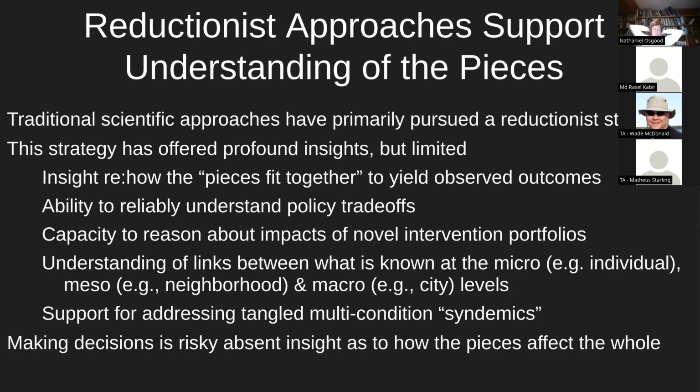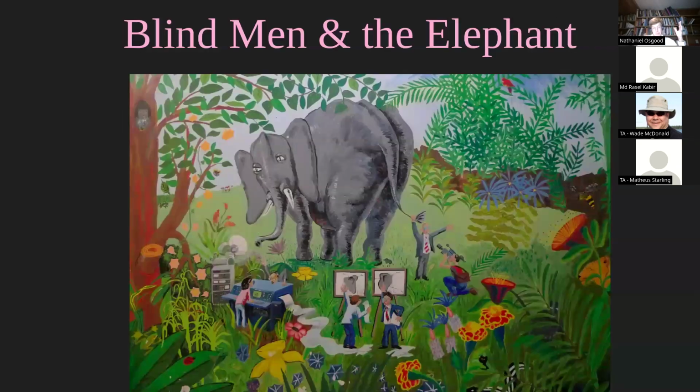You need someone who puts the pieces together, a general contractor, a construction manager, perhaps it's yourself, to make sure these all work together, all interact in ways that are compatible and yield a complete whole. Because a traffic jam is not merely the cars within it, we need to understand how these pieces affect the whole. And making decisions absent that understanding of how the whole depends on the pieces, on the interactions between pieces, is risky.